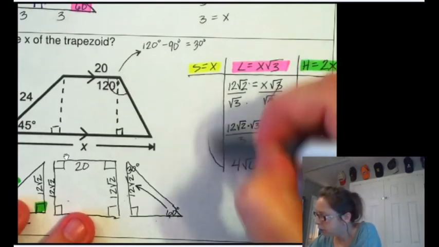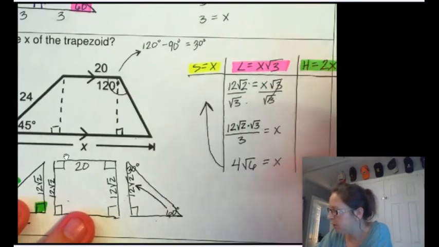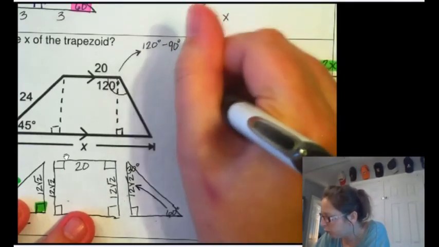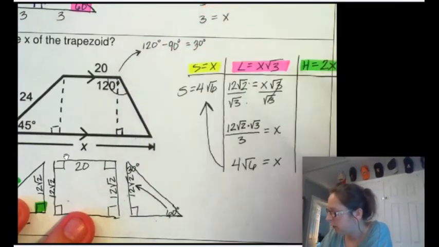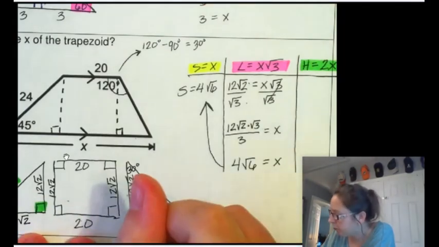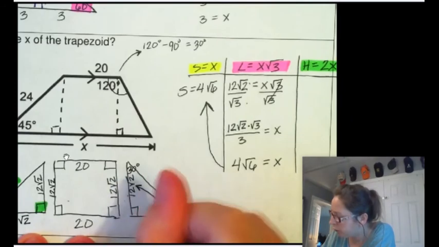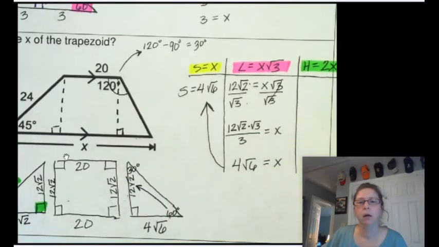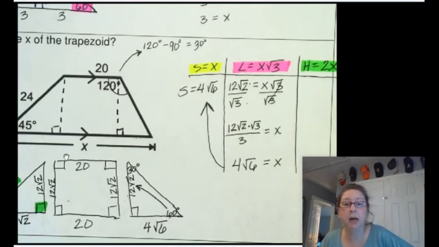X is my small side. S equals x, which is 4 square roots of 6. So that's my small side right there. 4 square roots of 6. Awesome. Now, if they had happened to ask me to find the perimeter of this figure, I could do that.